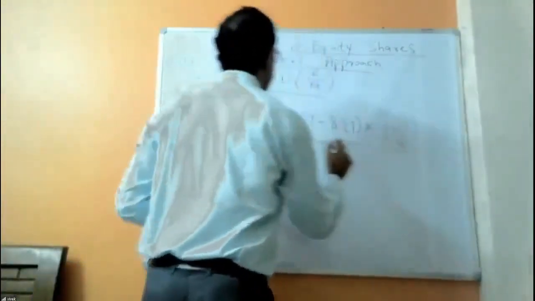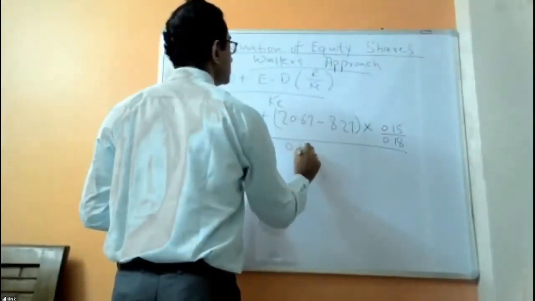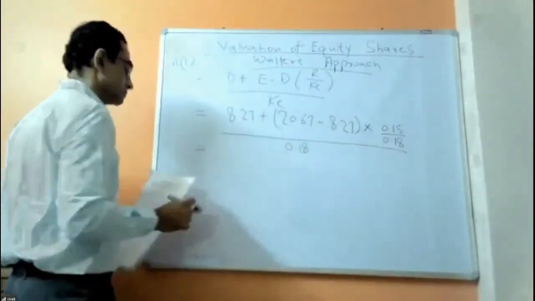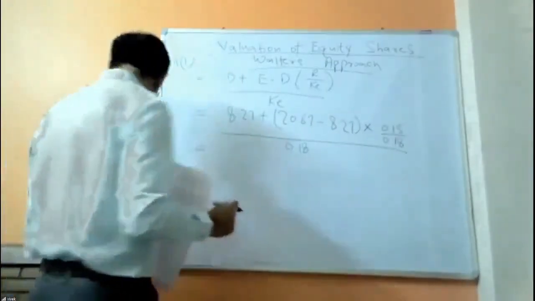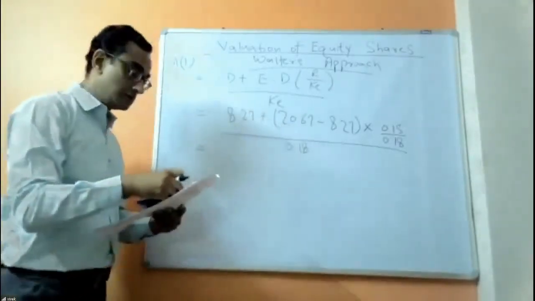We divide it by K, that is 18%. So let us calculate this question by the Walter's model.